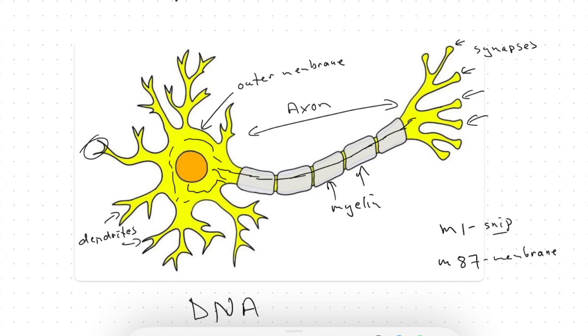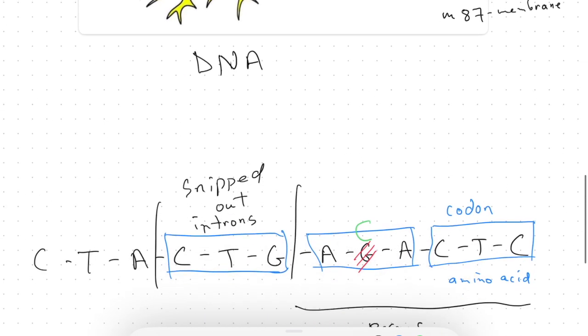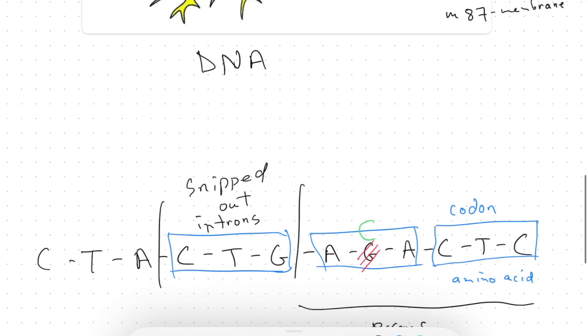I think that's everything I wanted to cover. Oh, one other thing that he mentioned is something called ASO, antisense oligonucleotides.